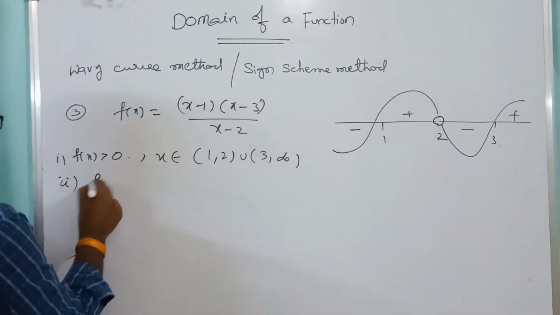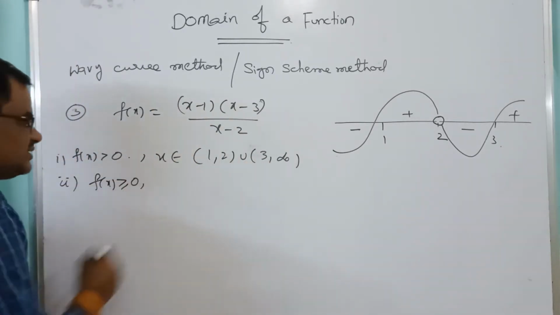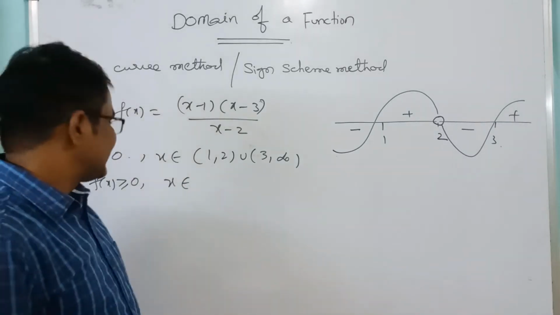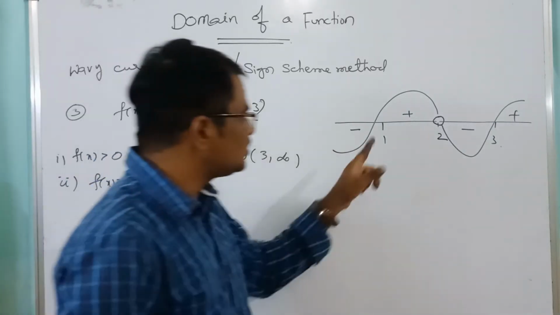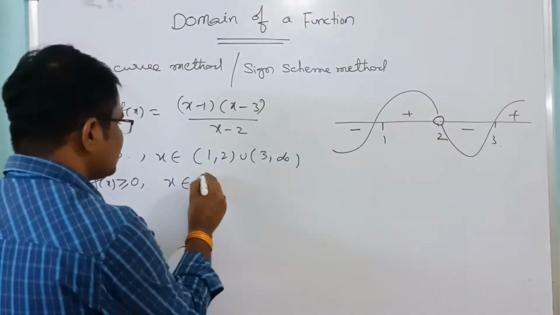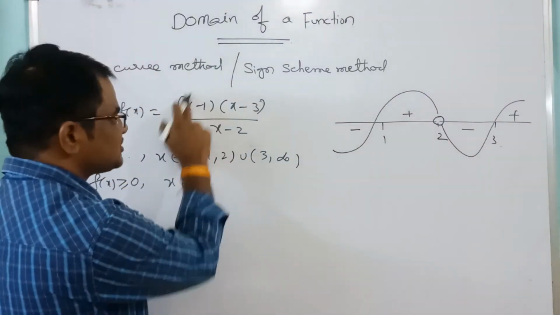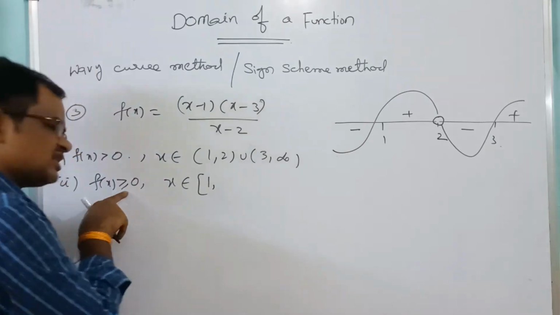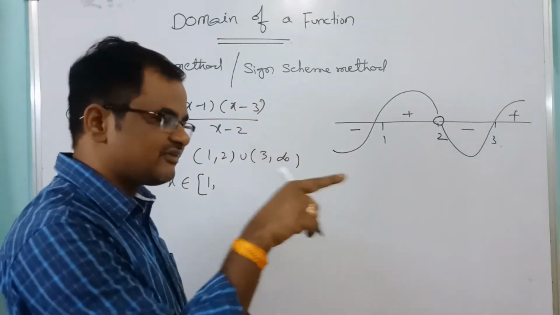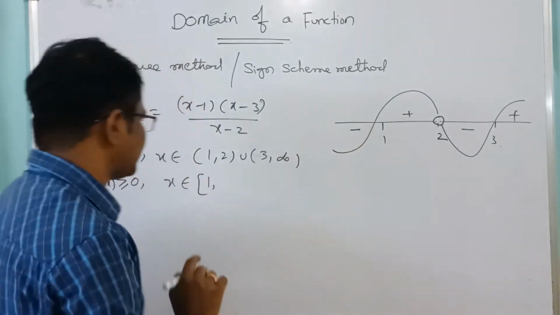Second one, f of x is greater than or equal to 0. X belongs to a closed interval at 1, because if you take x equal to 1, this function is 0. Where f of x equals 0, that value also we have to take.